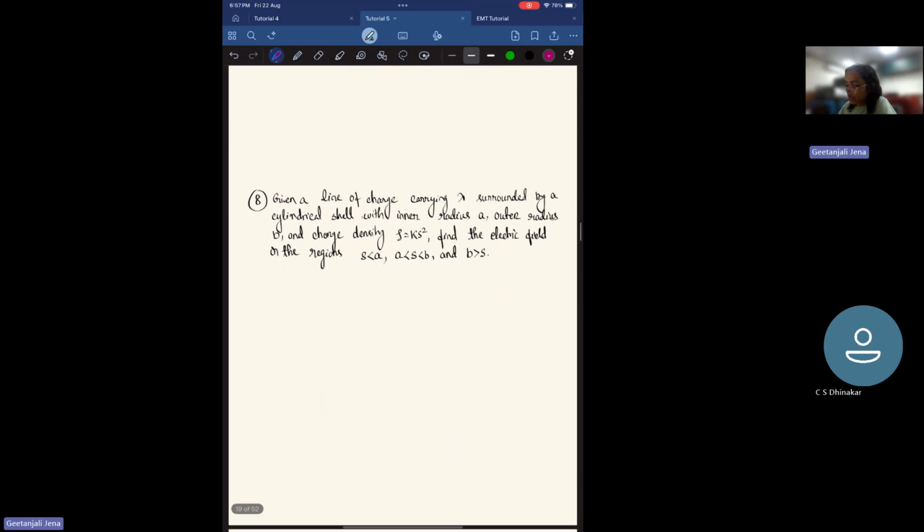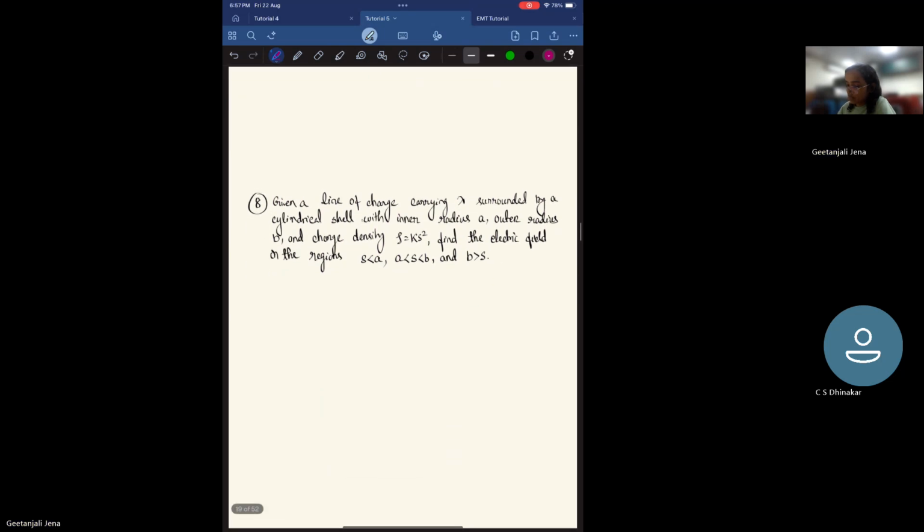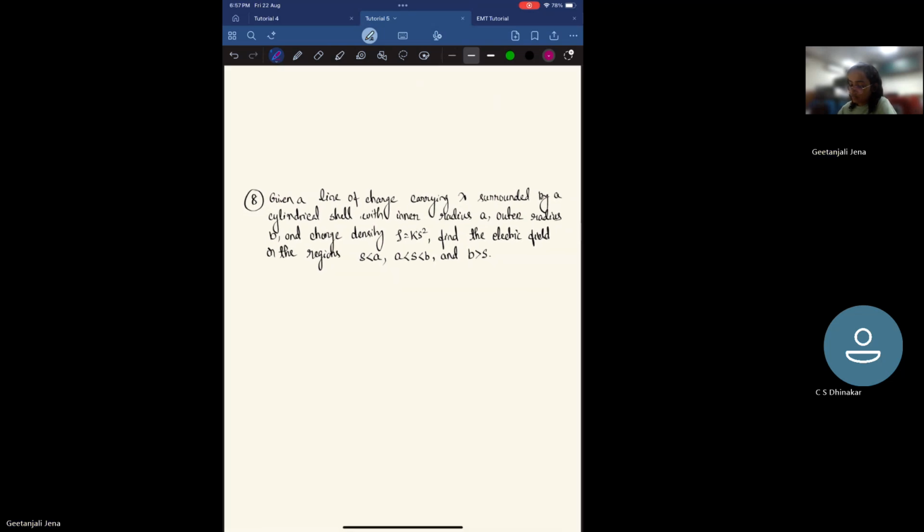Let us move to our next problem. There is a line charge density which is surrounded by a cylindrical shell with inner radius A and outer radius B, and the charge density is rho equal to K S square.